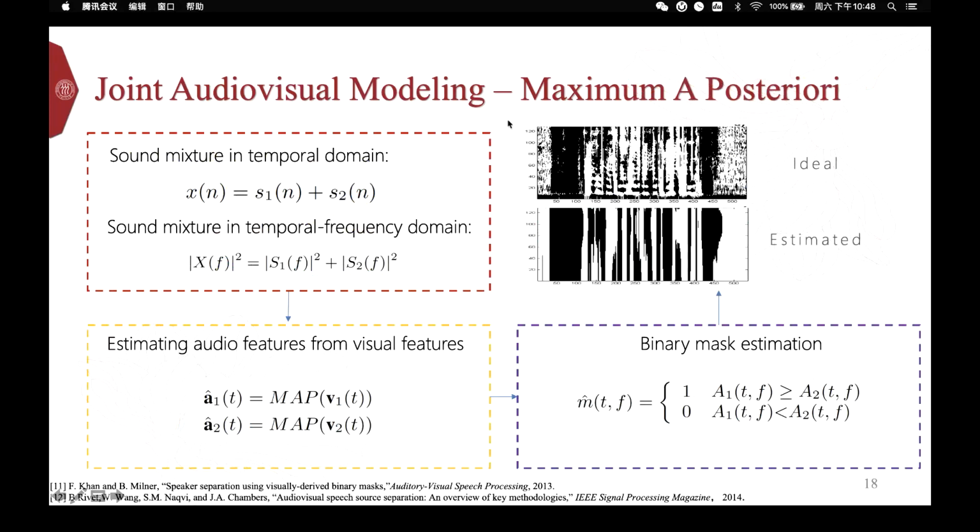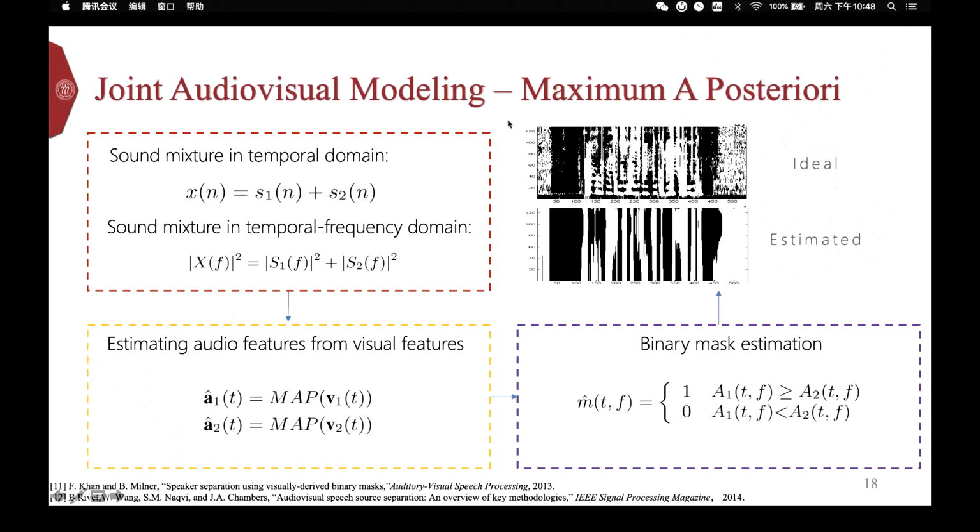By comparing the spectrum of the mixture with the single sources A1 and A2, comparing each pixel in the temporal frequency spectrum, it can show which source is most important or most influential at each location.